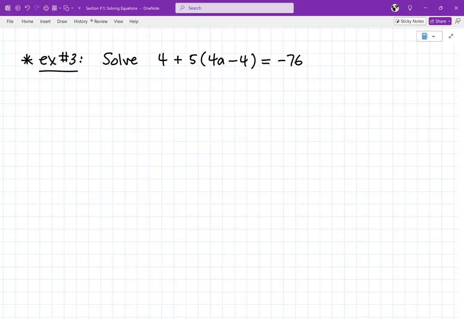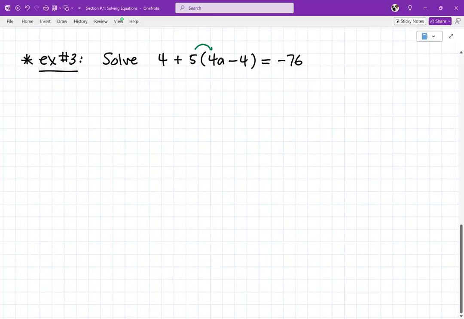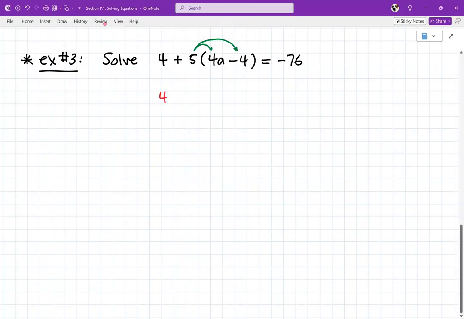So here we go. Here's another one. In this case, we have a parenthesis, which means you're going to have to distribute, right? So we're going to have to distribute this positive 5 into here and into there first, okay? So let's go ahead and do that. Let me rewrite. 4 plus 5 times 4a, that's going to be 20a, minus 5 times 4 would be 20, so minus 20 equals negative 76.